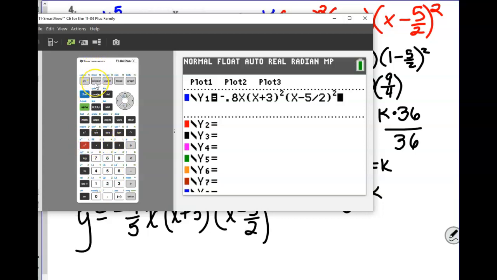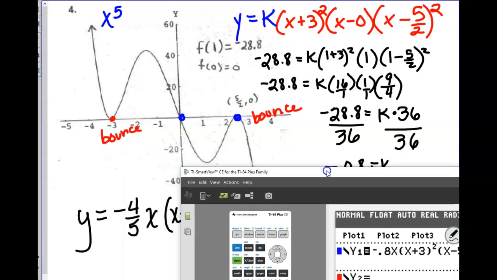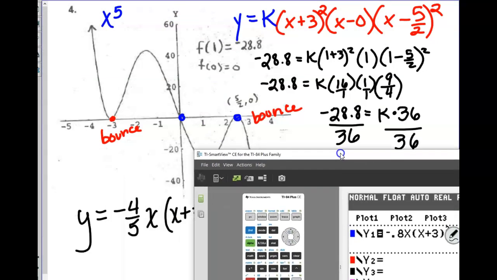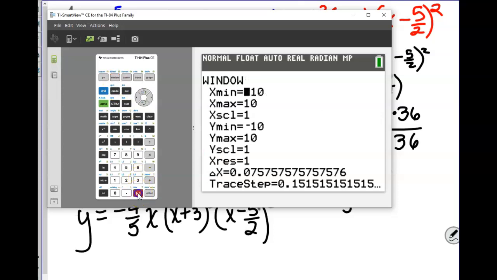Okay, the window on the picture, guys, was like negative 5 to 5 and negative 60 to 60. Does that seem okay? Or negative 40 to 60, something weird like that. Just a rough estimate even of your window being the same as theirs. Otherwise, it's not going to look right.